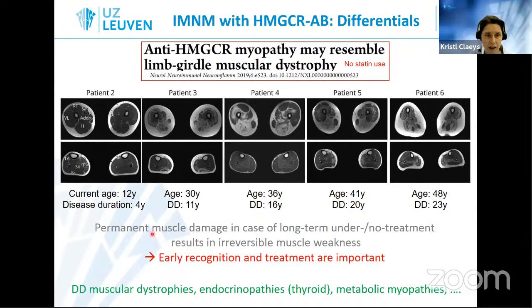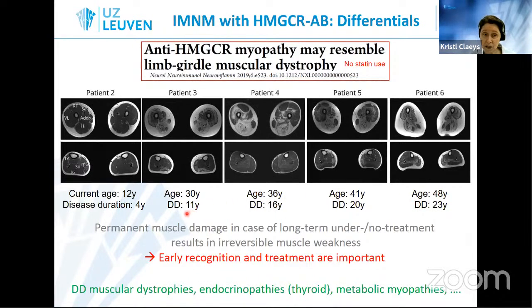Here you can see the MRI of the thighs and the MRI of the calves of patients 2 to 6, all diagnosed with an HMGCR myopathy and previously diagnosed with a limb girdle muscular dystrophy. You see here the current age and the disease duration. The first patient is currently 12 years old, and the symptoms started at the age of 8 years. So this is a child, and these patients are adults.